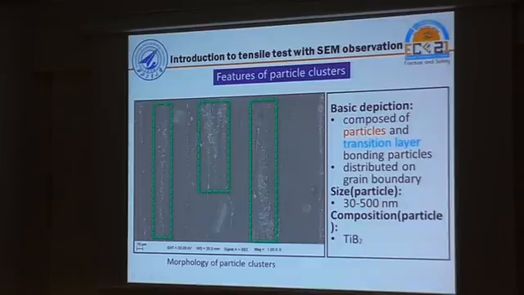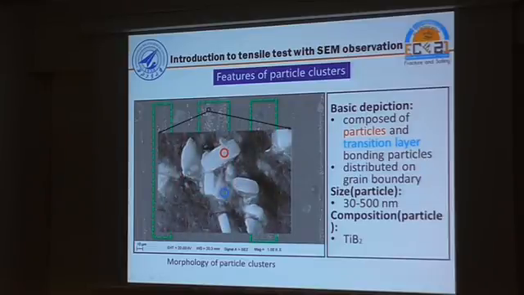And then we give features of particle clusters. The red circles stand for the particles, and the blue ones stand for the transition layers. The transition layer bonds the particles together. The particle cluster is mainly distributed on grain boundaries.